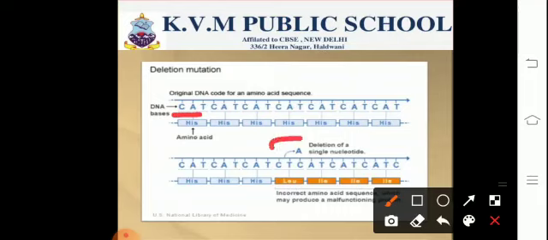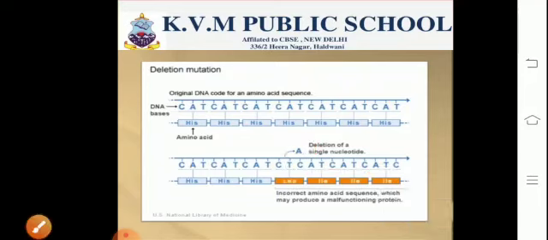But over here we can see the deletion of A, which causes a shift in the reading frame, leading to the formation of leucine and isoleucine instead of histidine. Thus, an incorrect amino acid sequence is produced, which produces a malfunctioning protein.